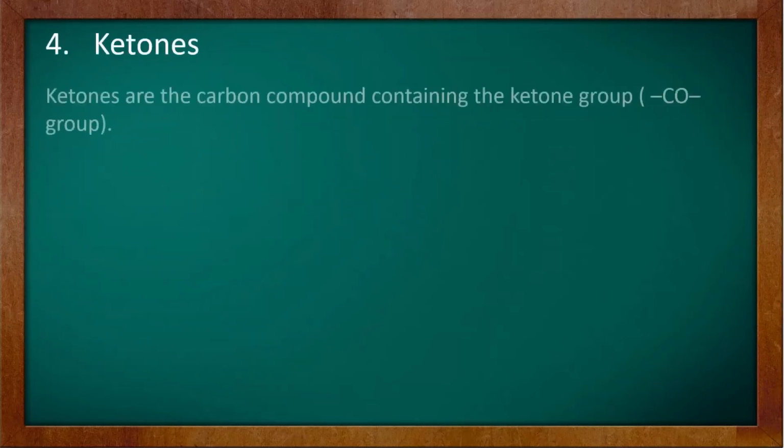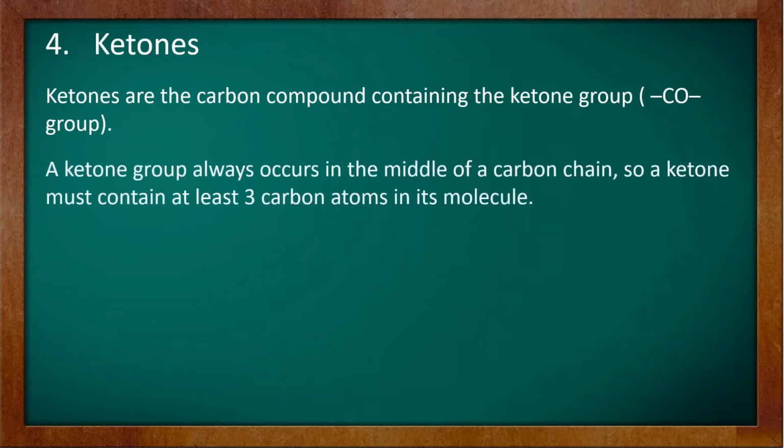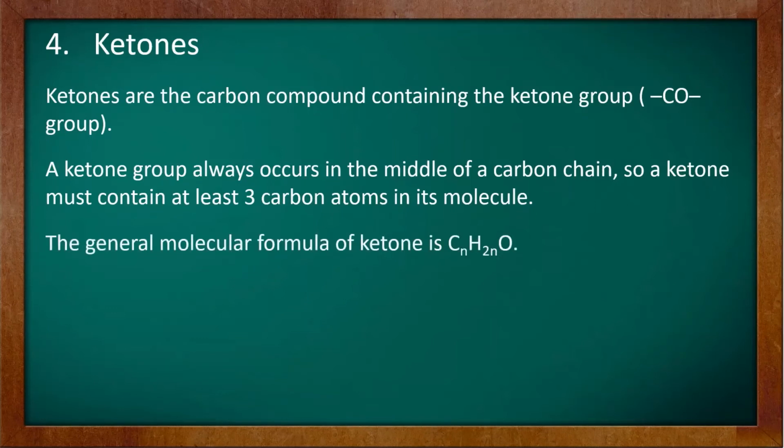Ketones. Ketones are carbon compounds containing the ketone group, CO group. A ketone always occurs in the middle of a carbon chain, so a ketone must contain at least 3 carbon atoms in its molecule. The general formula of ketone is CnH2nO.